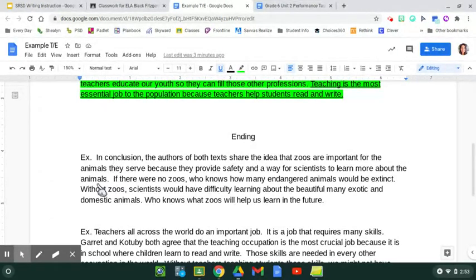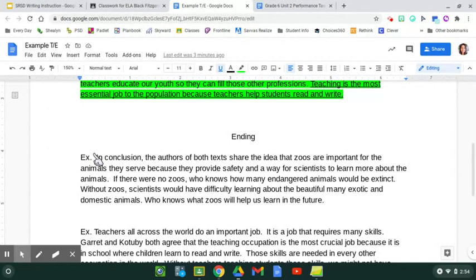So I wrap up my essay and I leave a closing sentence. And my closing sentence is relating back to my thesis. And I'm kind of posing the question, like, what's going to happen? We don't know what's going to happen. Zoos might help us learn so much more about animals. So it kind of leaves it open to the reader.